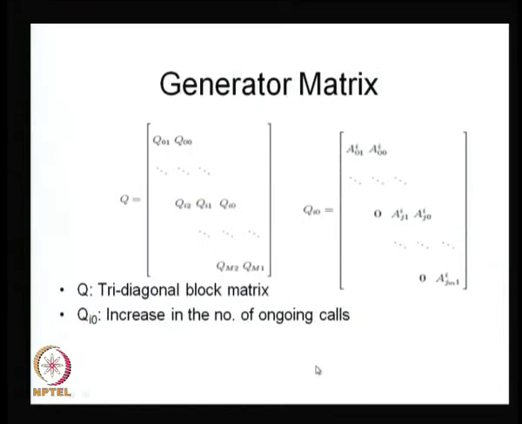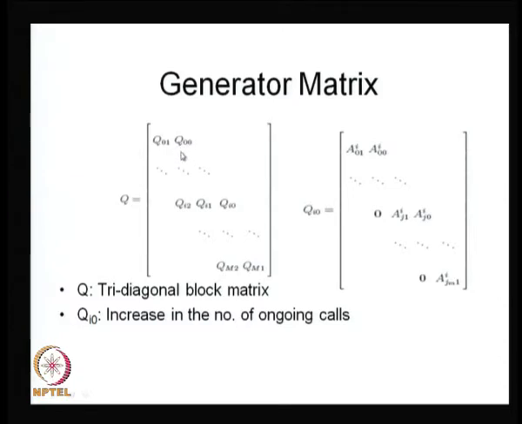So, here is the difference between the birth death process and the quasi birth death process. The Q matrix consists of block matrices, whereas in the birth death process the Q matrix is a tridiagonal matrix where each entry is an element; here each entry is a matrix, and the elements of that matrix again will be a matrix based on the number of levels.